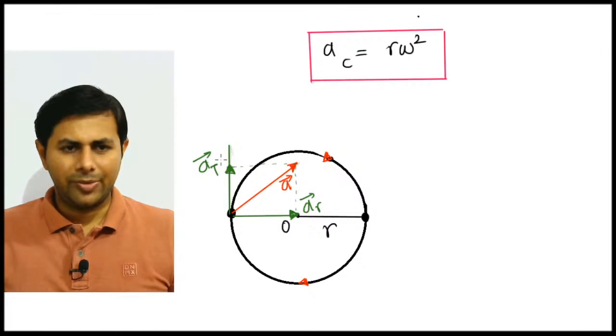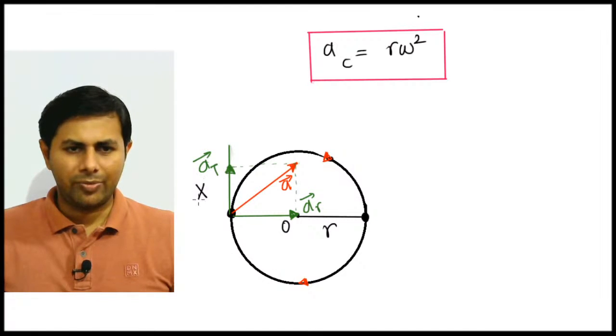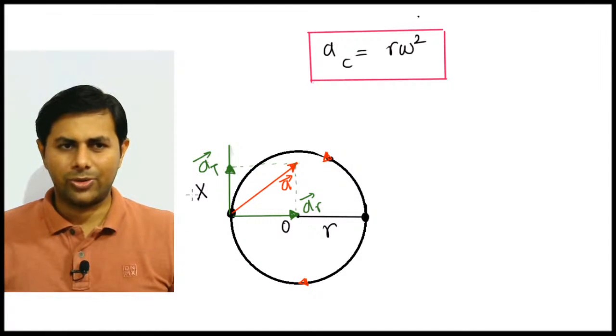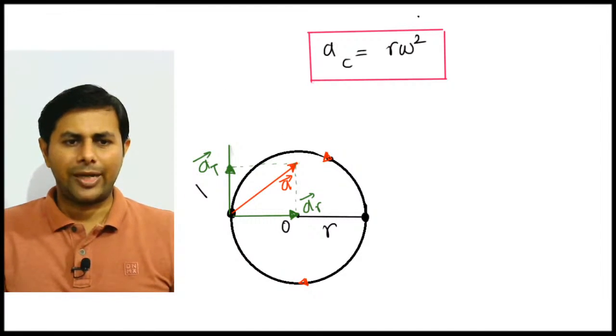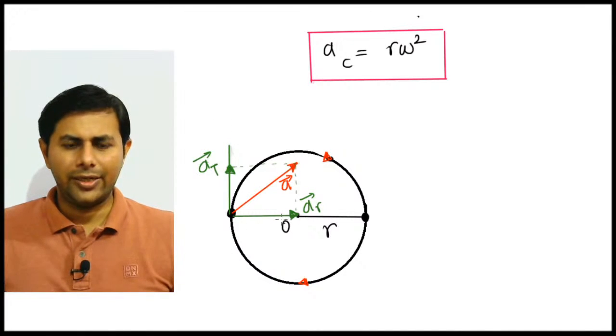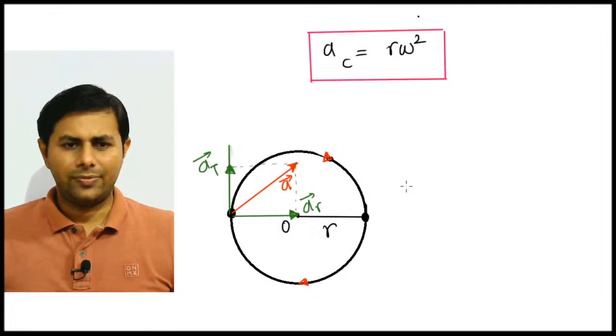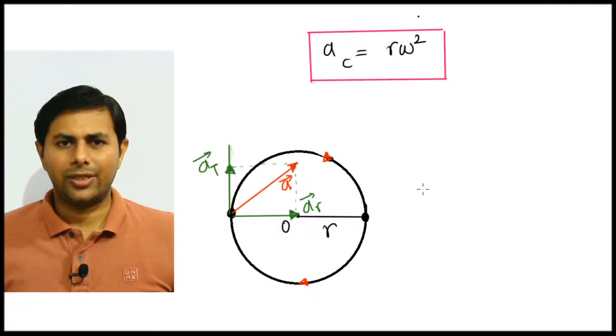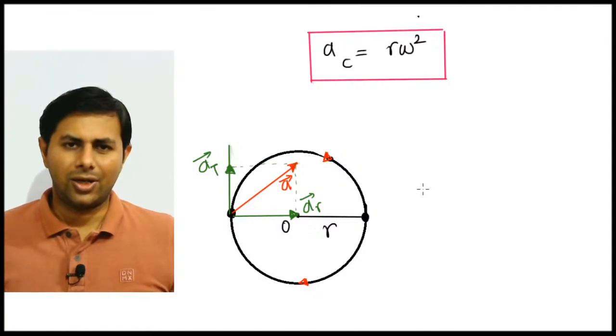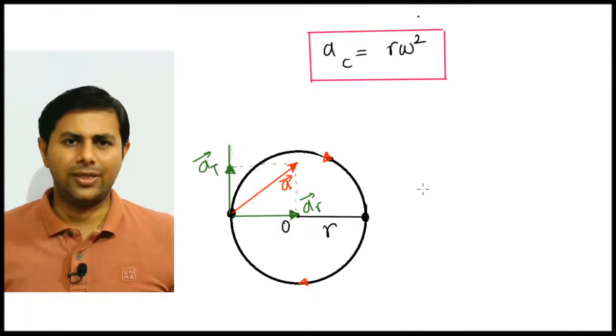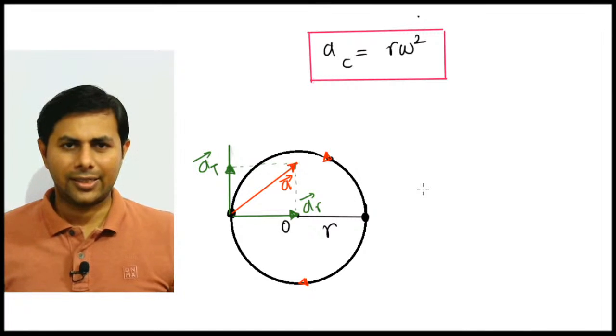So it means this component will not be present in uniform circular motion. So what component of acceleration will be present? Only the radial component. So in uniform circular motion, the acceleration is directed along the radius and towards the center of the circle, and therefore we call it radial acceleration or centripetal acceleration.